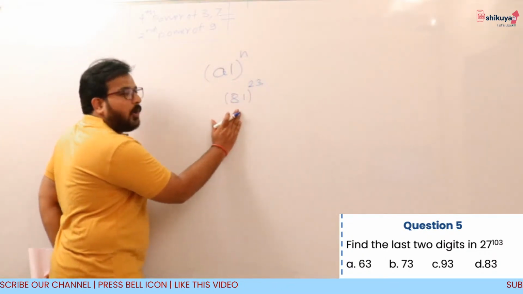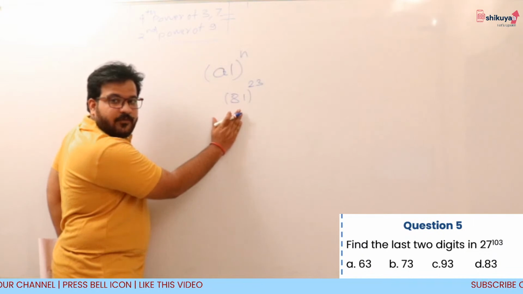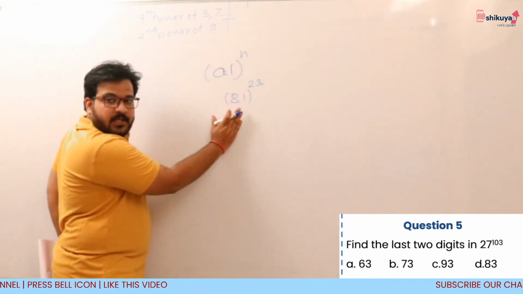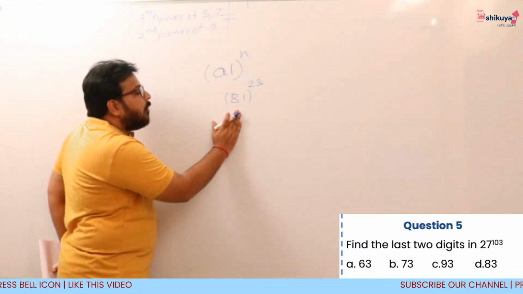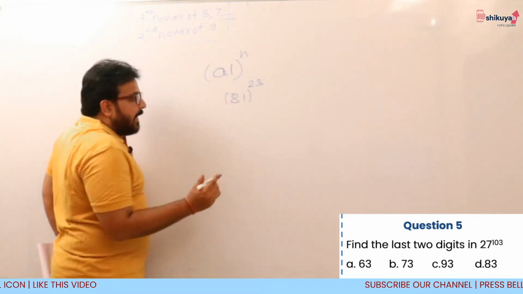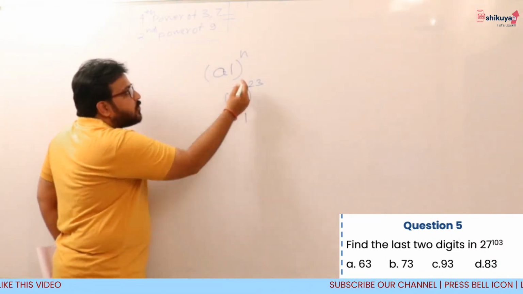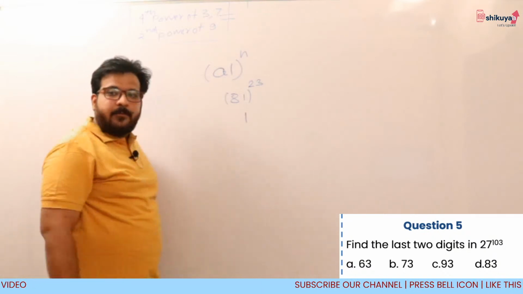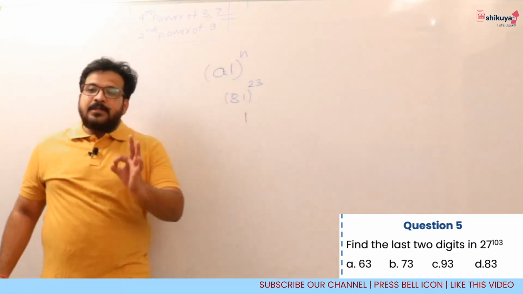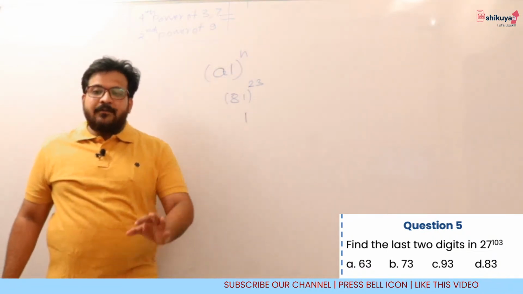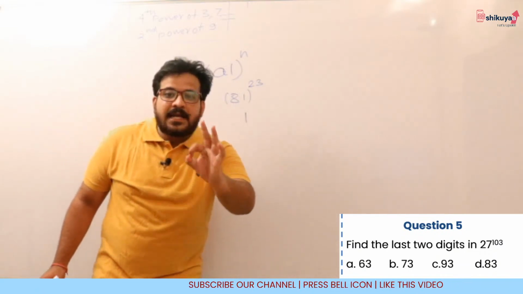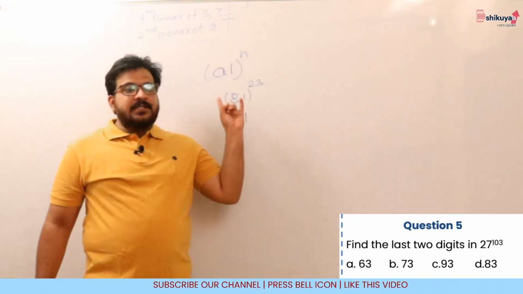Now suppose you want to calculate the last 2 digits of this particular number. How will you do it? We know that any number ending in 1 raised to anything always ends in 1.